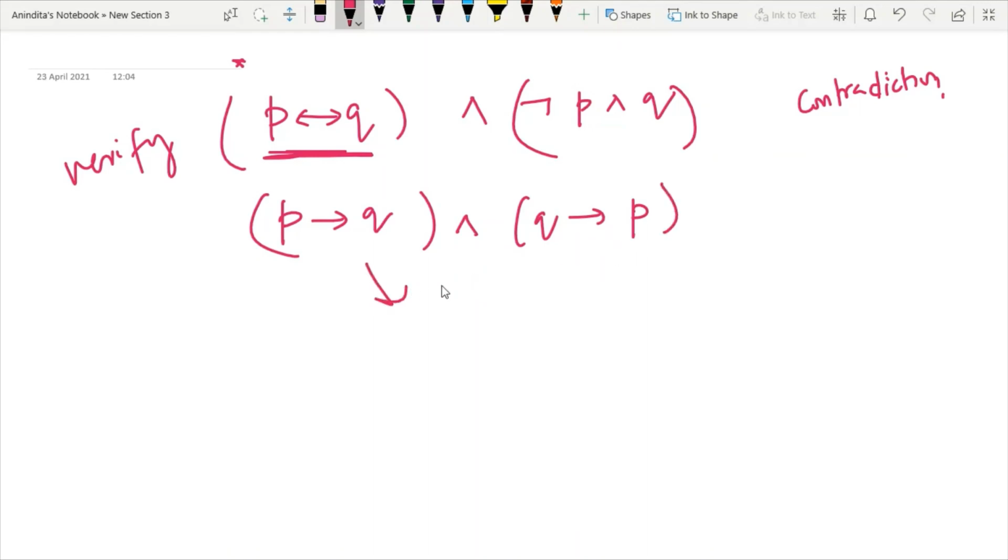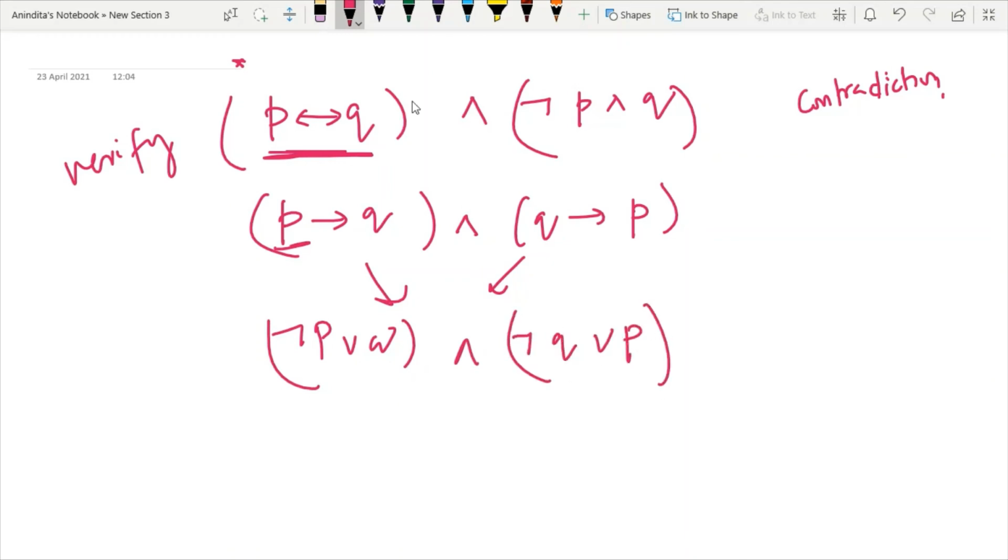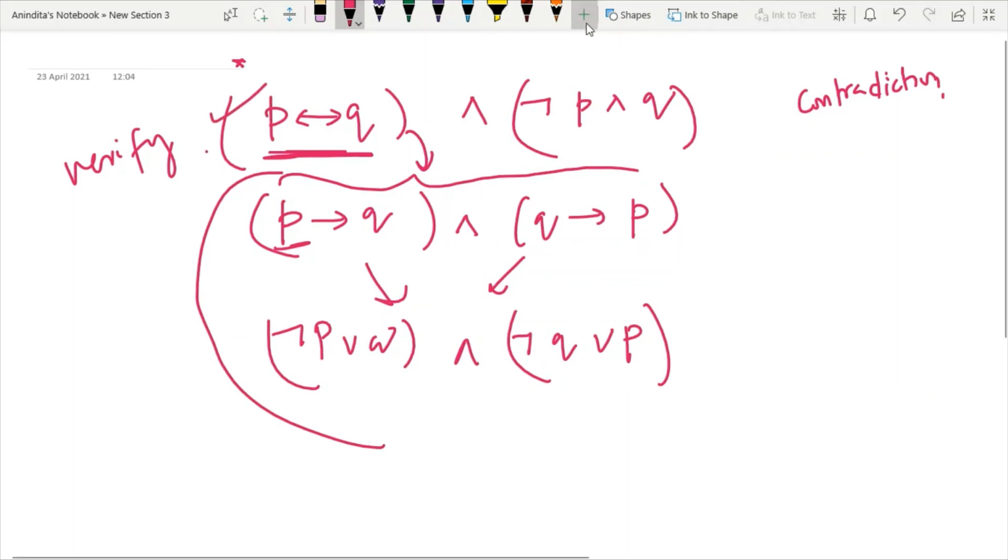And these two lines can also be represented as not P or Q and not Q or P. So this kind of simplification you can perform first from the given expression. And this is already simplified.